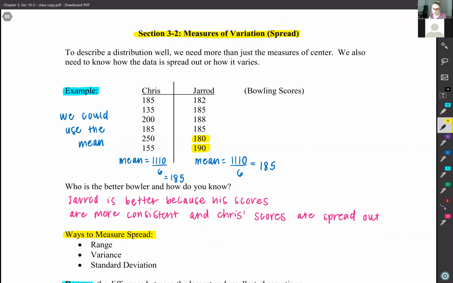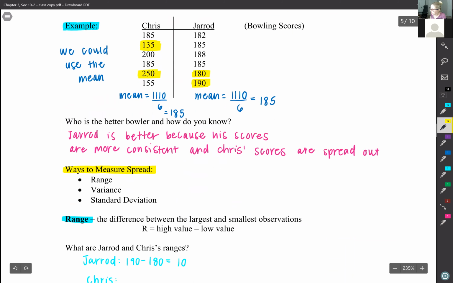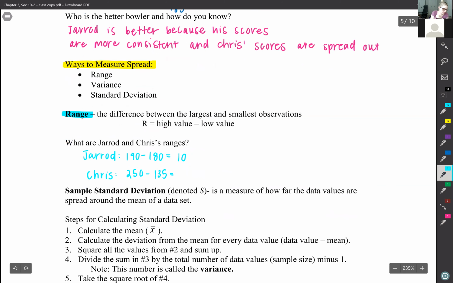His high score is super high, it's 250. And then his low score is 135. To find the range, we just need to subtract 135 from 250. Well, 250 minus 135 comes in at 115.